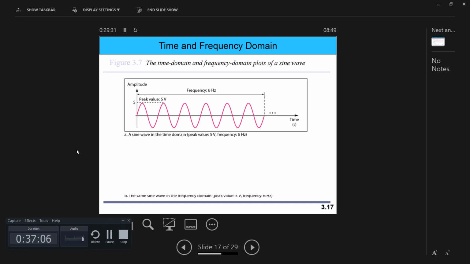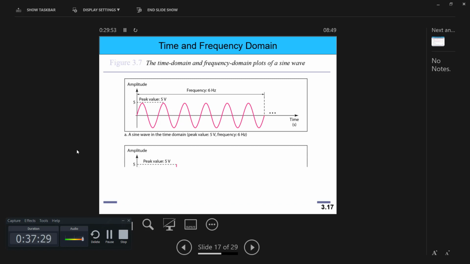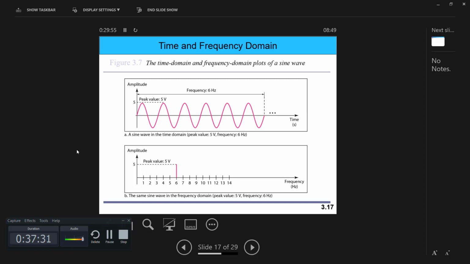If I need to represent it in frequency, meaning instead of the x-axis being time I put frequency, what will the shape be? What is your frequency? One value, so does it change? It is fixed. So the whole signal in time will be represented with one value in frequency.